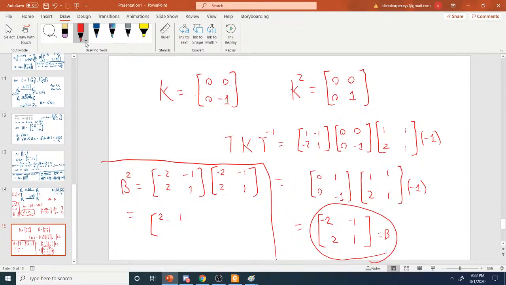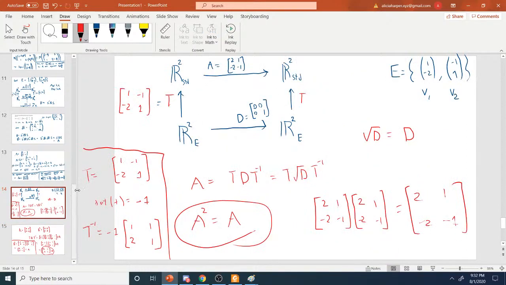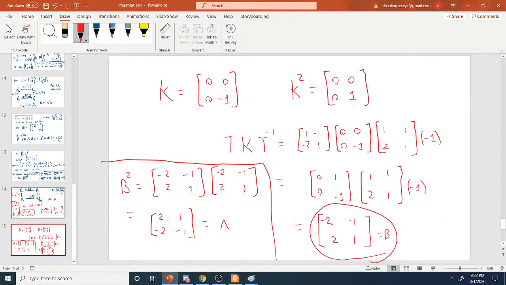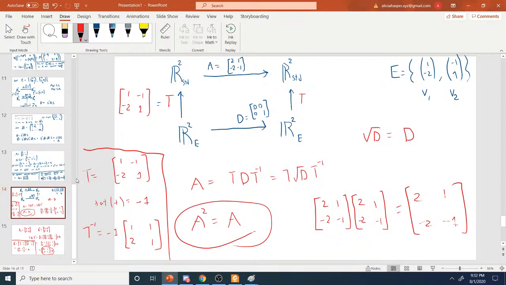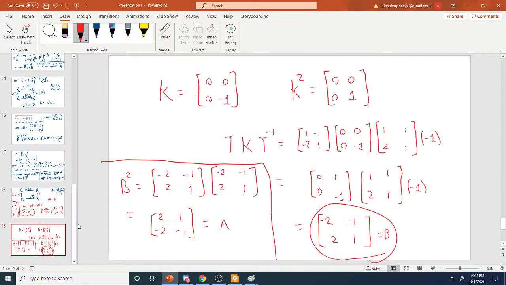This times this ends up giving me negative 2. This times this ends up giving me negative 1. So I get this matrix, which is just A. So observe that I have found 2 solutions to the equation B squared is equal to A. One is A itself, and the other is this matrix B, which is very similar to A, except the first row is negative and the second row is positive.